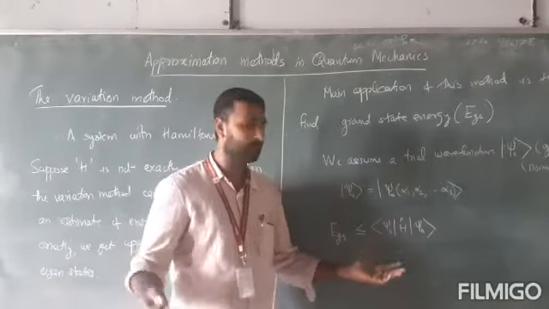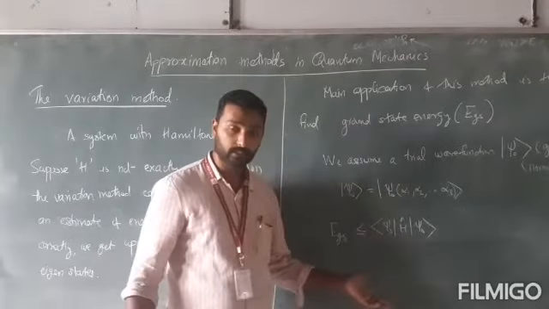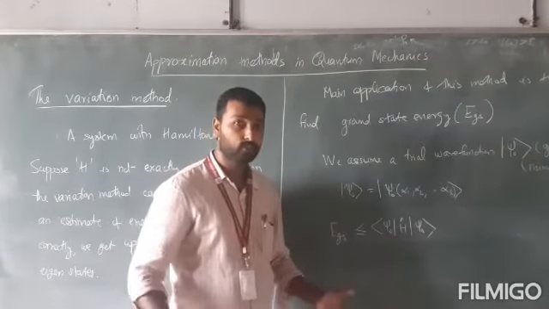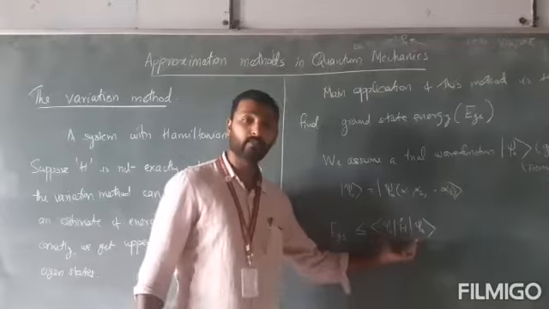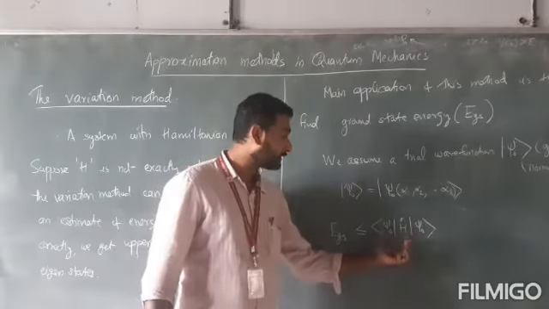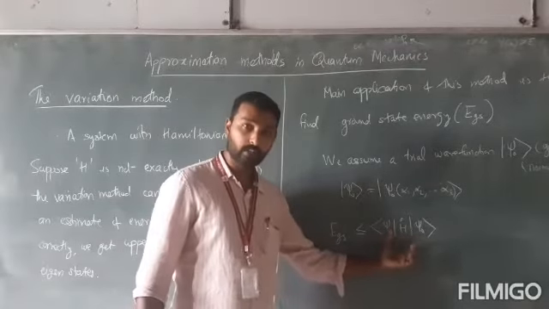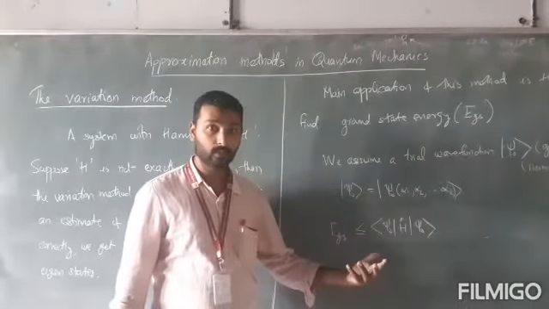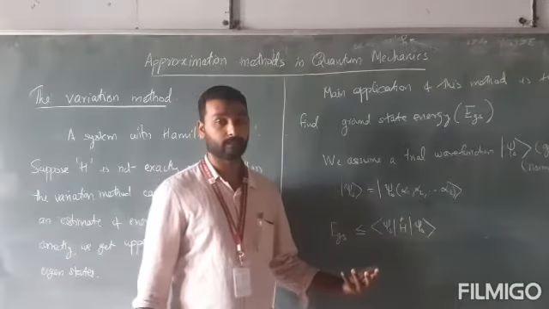Psi 0 is just some trial wave function, so it is not the ground state wave function. So if you find the expectation value of the Hamiltonian in this trial wave function, we will get an energy that is either equal to or greater than the ground state energy.